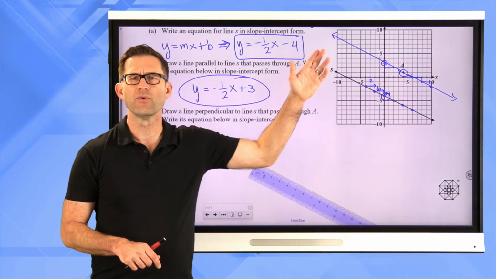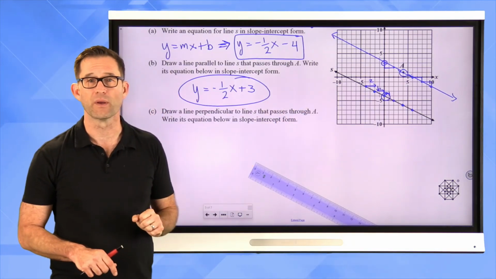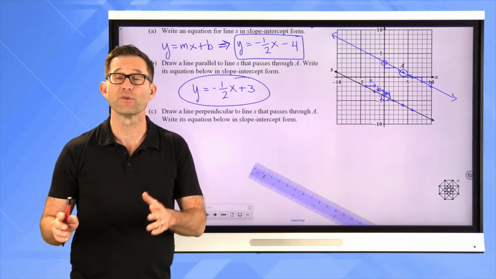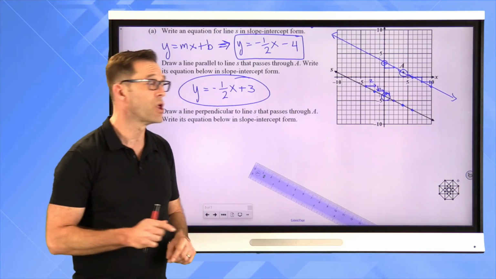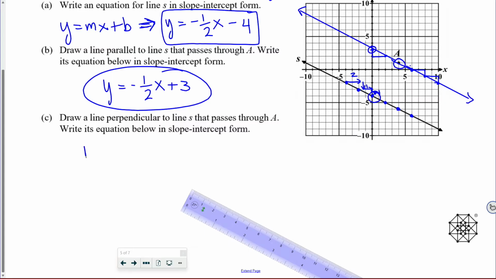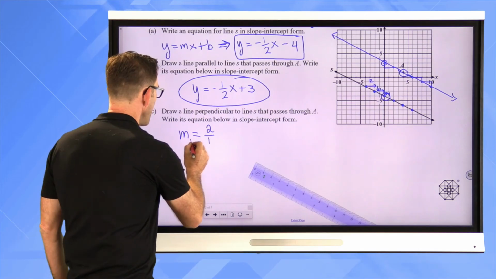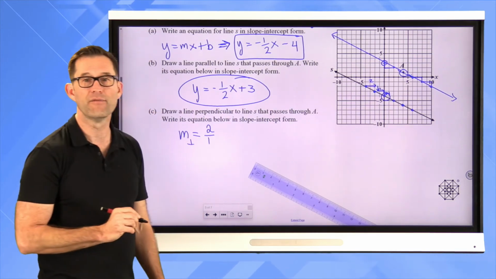Now, it's easy when two lines are parallel because their slopes are equal. But when two lines are perpendicular, of course, their slopes are negative reciprocals of each other. So the slope I'm looking for has got to be positive, and it's got to be the reciprocal, so it's 2 over 1, right?